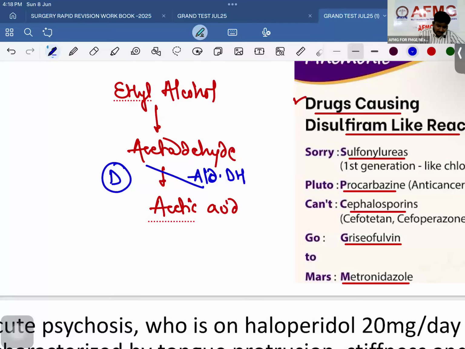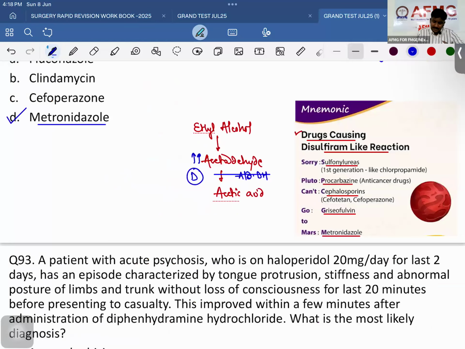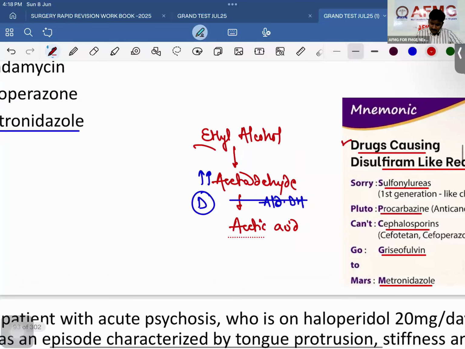As aldehyde dehydrogenase enzyme is inhibited, the alcohol is not completely broken down and an excess amount of acetaldehyde collects in the patient's body, causing all these unpleasant symptoms, beta. Hopefully that's clear to all of you now. So remember this point.